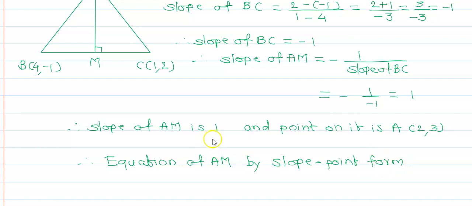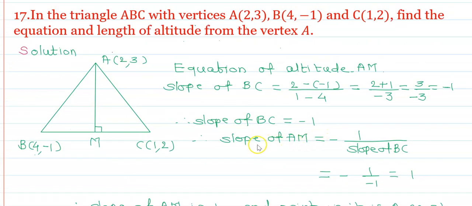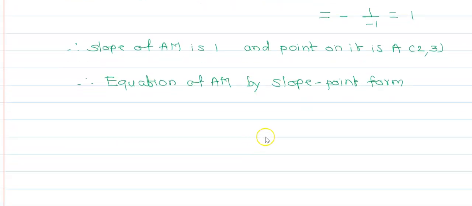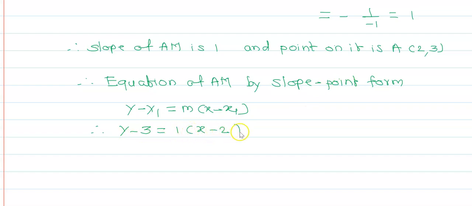Here we know the slope of AM is 1 and the point is (2, 3), so we apply the slope point form, which is y minus y1 is equal to m times (x minus x1). So y minus 3, slope is 1, times (x minus 2).